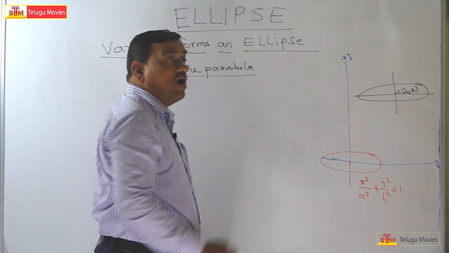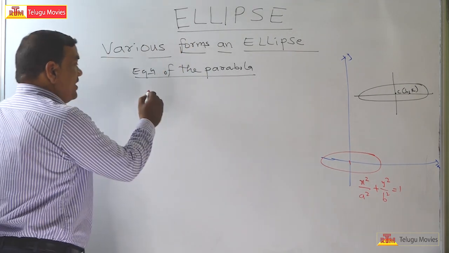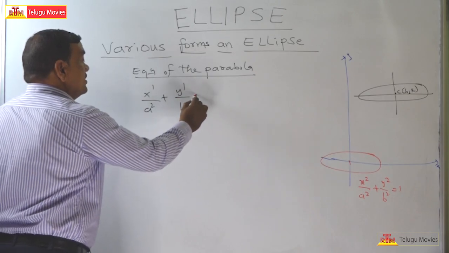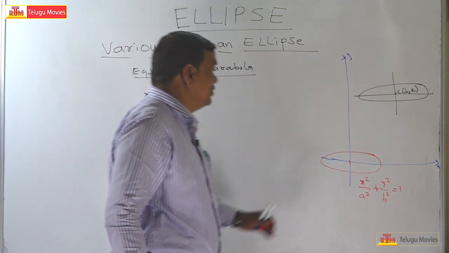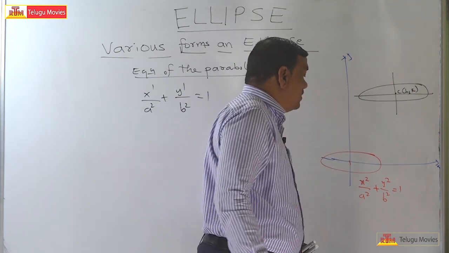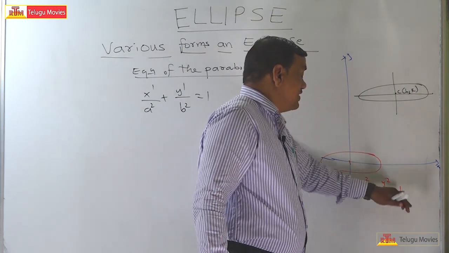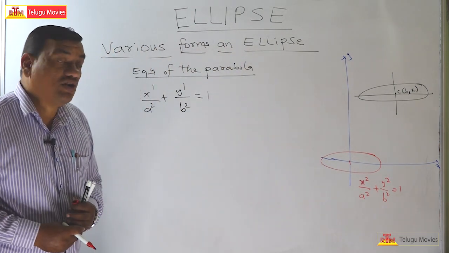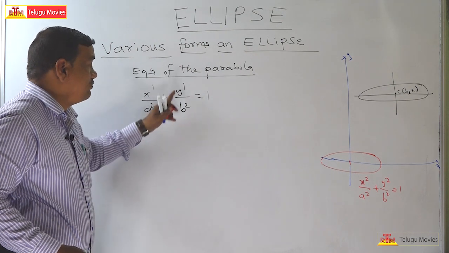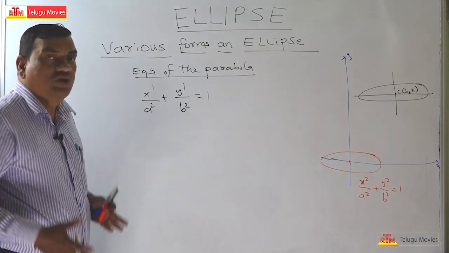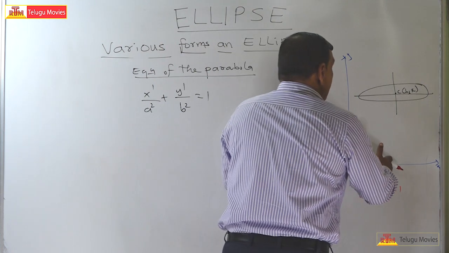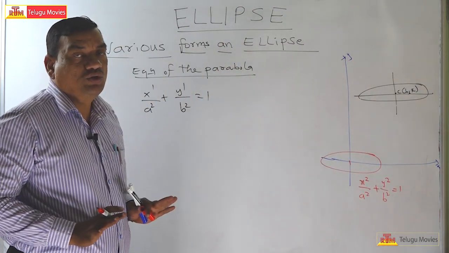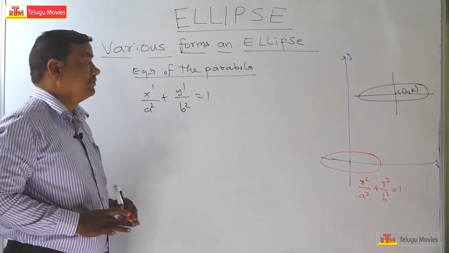Let the transformed equation be x dash square by a square plus y dash square by b square is equal to 1, so this is also in this format only. Remember that here the length of the major axis and the length of the minor axis are the same. That is the convention we are taking here.